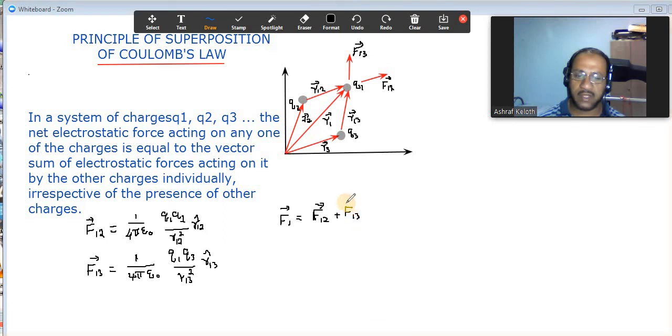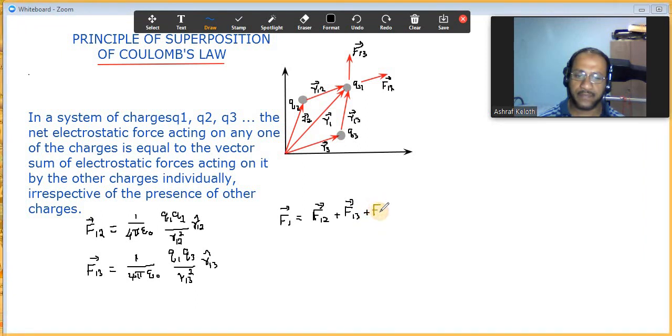If there are more than three charges, then we can write plus F14, F15, etc. That will be the total force acting on the charge Q1.